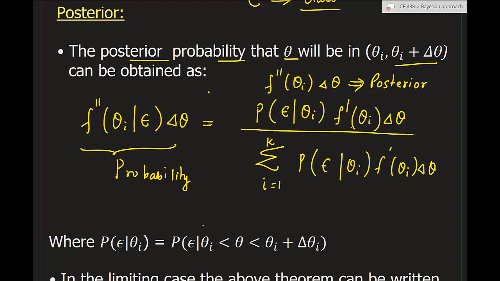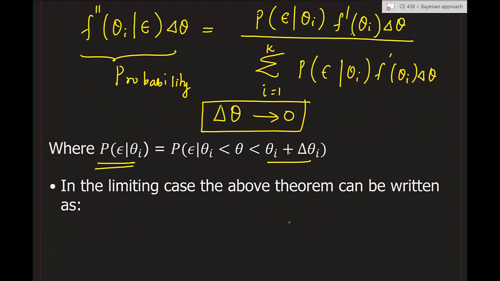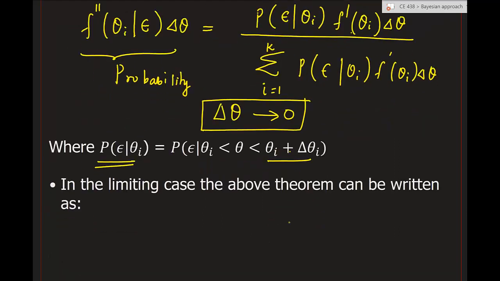But now if I limit my delta theta, that is delta theta goes to 0 in the limiting situation, we can get this for the continuous case. So now in this formula, p of epsilon given theta_i is basically p of epsilon given theta, where theta lies between theta_i and theta_i plus delta theta. So in the limiting case, we can write this formula.